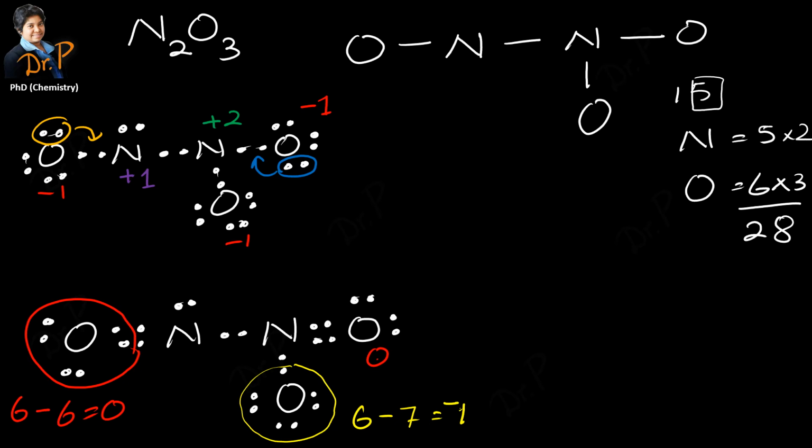Let's check the formal charges of nitrogen atoms. Consider this nitrogen atom. In this Lewis structure, it's holding 5 electrons. So the formal charge is going to be 0.